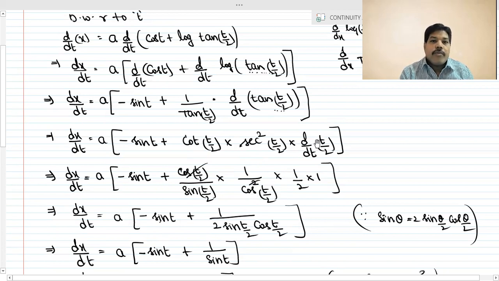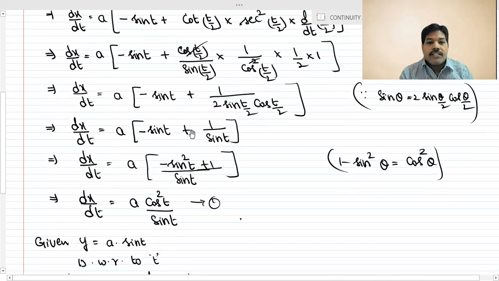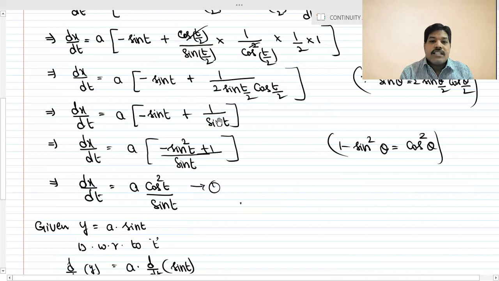The derivative of t by 2: 1 by 2 is a constant, so take it out, and the derivative of t is 1, so it becomes 1 by 2 into 1. So here, minus sin t plus 1 by 2 sin theta by 2 cos theta by 2, which becomes sin theta. Take the LCM: sin t into minus sin t becomes minus sin square t plus 1. 1 minus sin square theta is nothing but cos square theta.